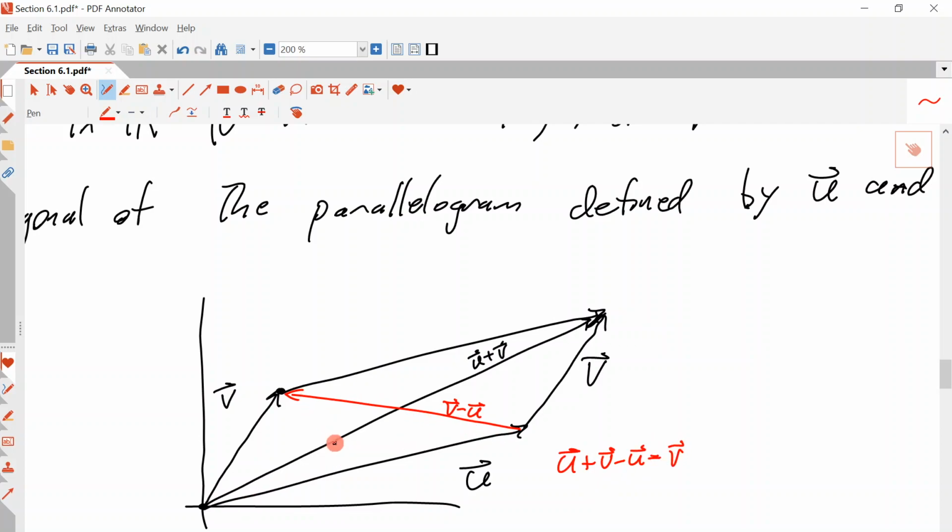When you add vectors head to tail like this, that's when you get their sum. So anyway, it's just the length of that other diagonal of this parallelogram.